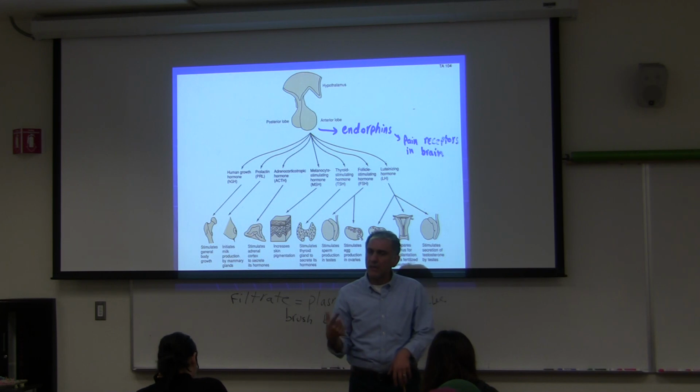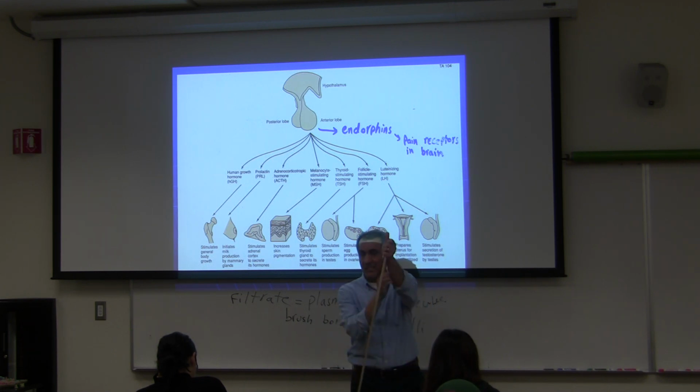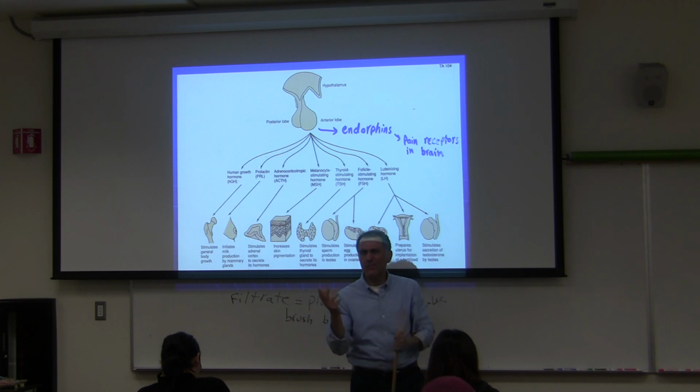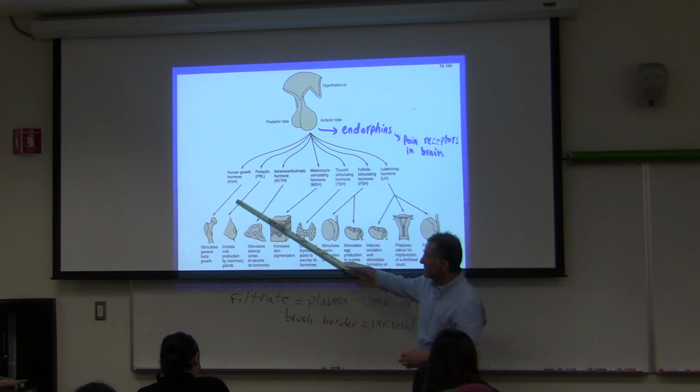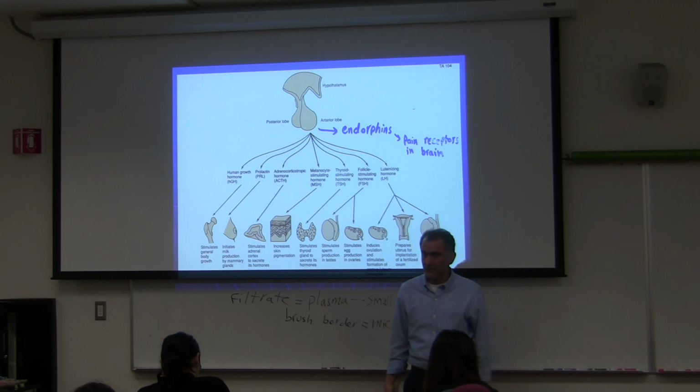Remember, all of the cells of your body die, and all of the cells of your body regenerate. I gave you skin every 2 to 3 weeks, from mouth to anus every 2 to 3 days, red blood cells 120 days. So growth hormone is responsible for a lot of activities in your body.